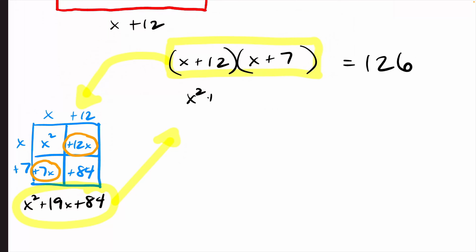X squared plus 19x plus 84 equals 126. What does that look like? After I do that, what does that look like? A trinomial, right? It looks like a trinomial. So it looks like there is a trinomial over here, right? So I have to get this guy to equal 0. So I'm going to subtract 126 just like I did the last time.